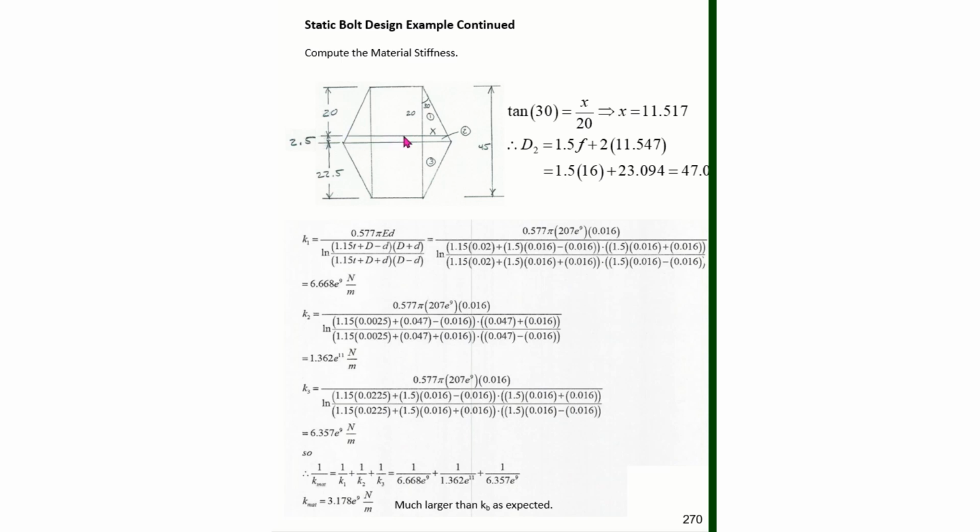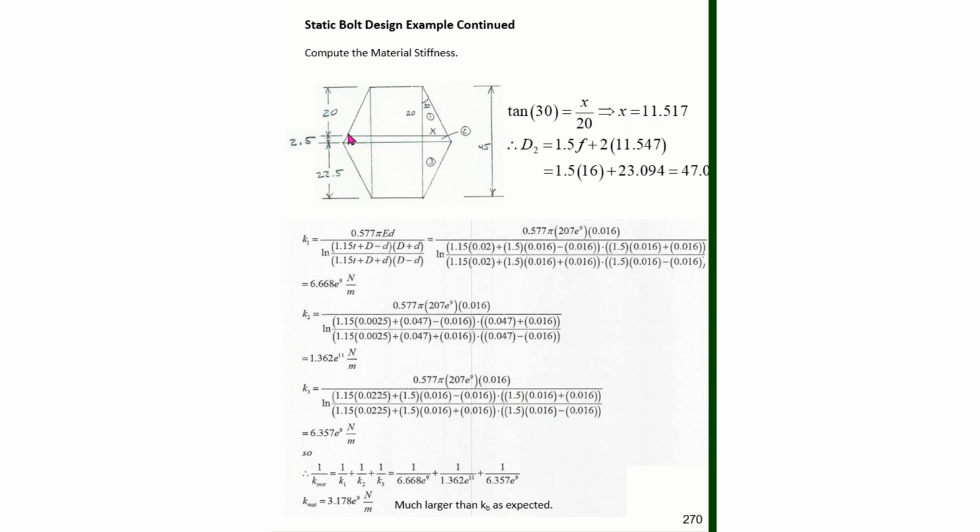So big D is this length from here to here. And to compute that number, we know that this angle here is 30 degrees. And we know that the tangent of 30 is equal to x over 20. And so solving for x, which is this distance here, I get 11.5.